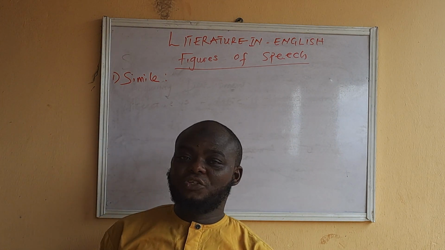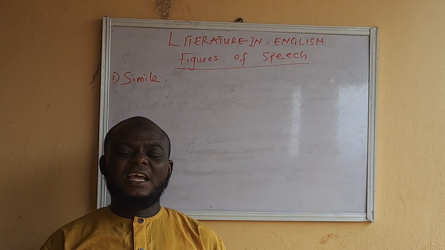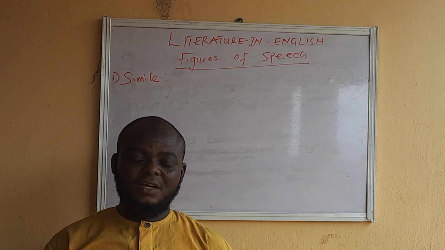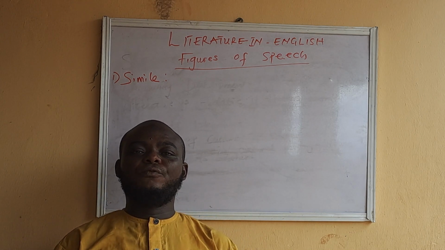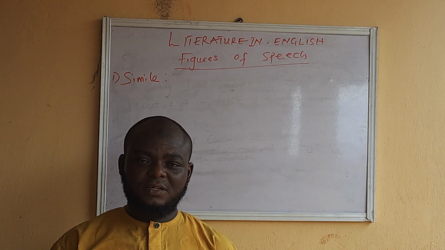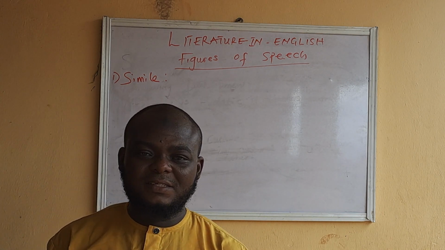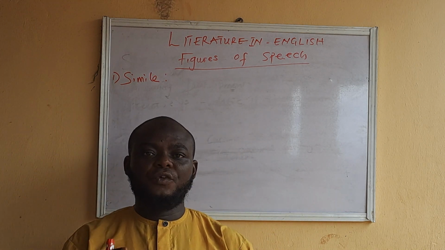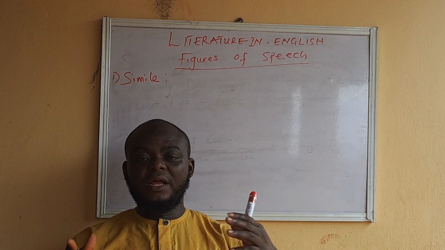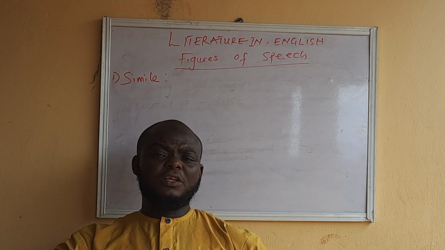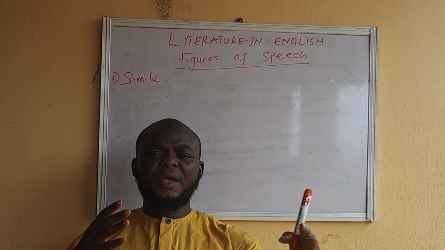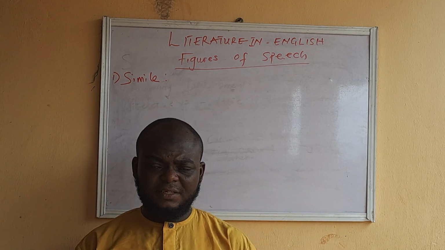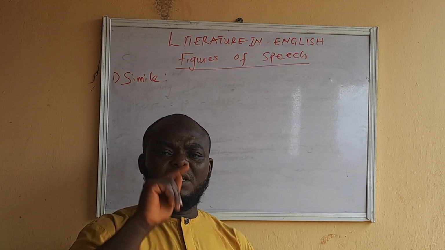Simile in literature has to do with a vivid comparison of two things with the use of as and like. When we compare two things in literary work, that is when we have simile.